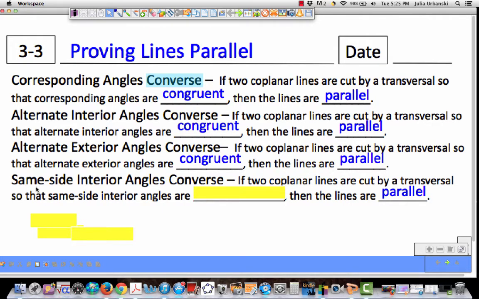But this one's special because it's the same side. If two coplanar lines are cut by a transversal so that the same side interior angles are supplementary, then you can say the lines are parallel. So don't let this confuse you too much. The regular theorem goes one direction. The converse just says it backwards.